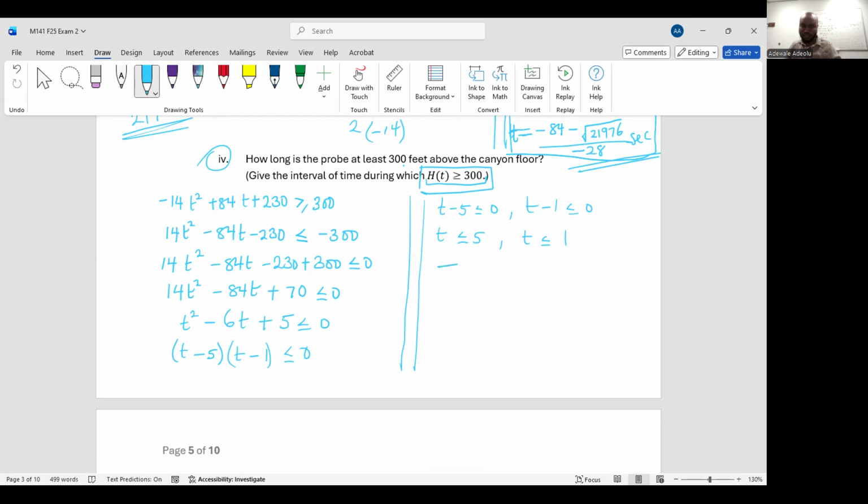I can say the interval of time during which the height is greater than or equals to 300 is, can I say it is between 1 and 5?